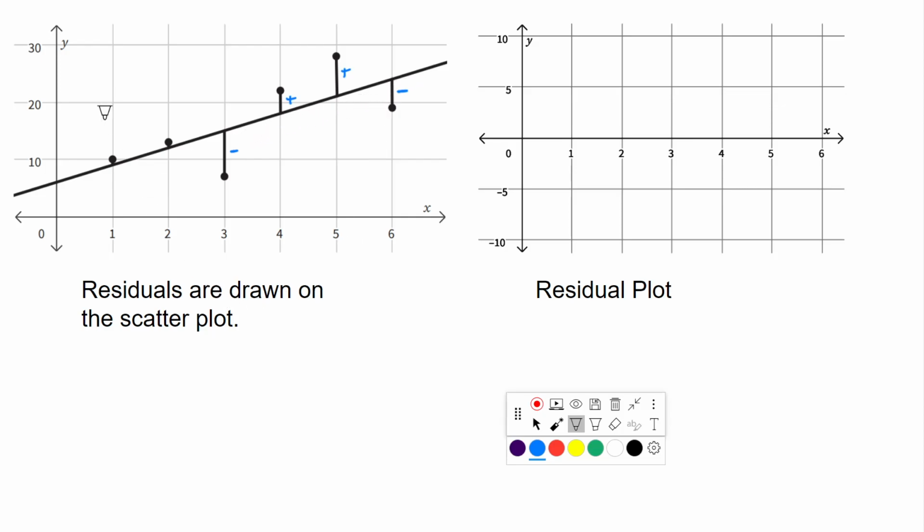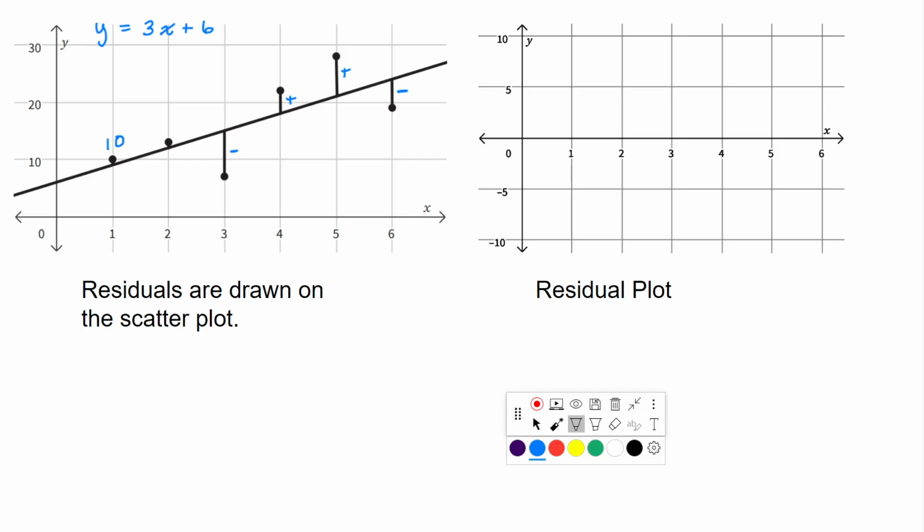Now remember, I said that the equation of this line is y equals 3x plus 6. So in order to find the values, we need to take what the actual is and subtract what the predicted is. So we have the actual right here is 10.